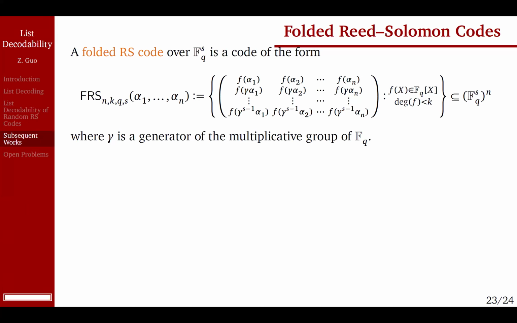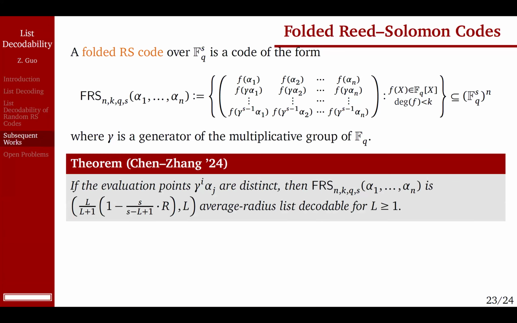And in order to achieve this capacity, they show that only the sum code list, the average list size, is up to almost the general Singleton bound.